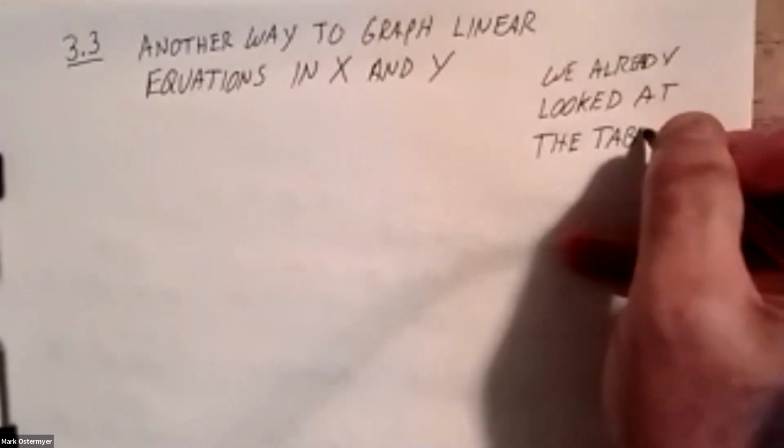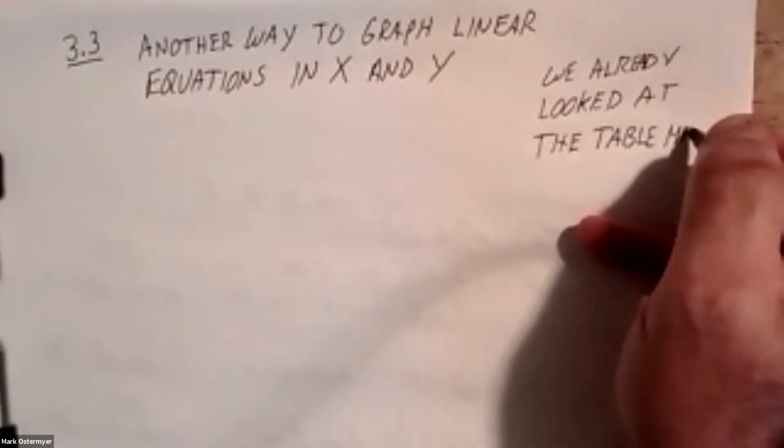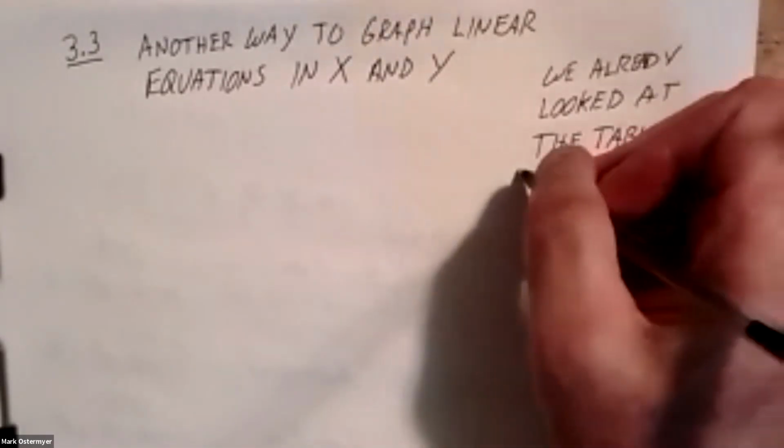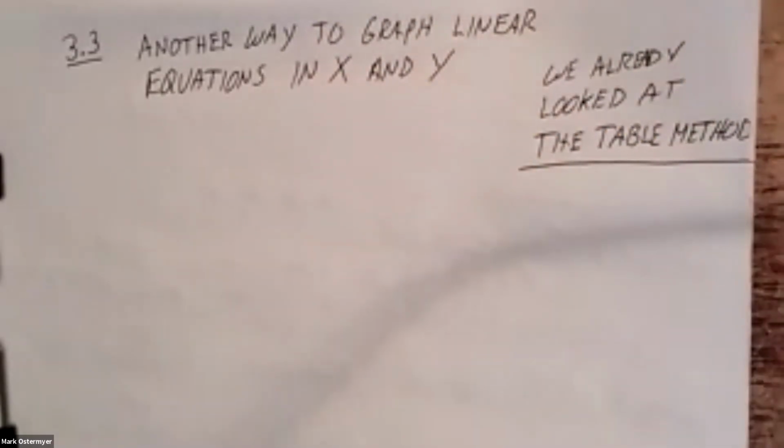Yes, we already looked at what's called the table method for graphing a linear equation. That's where we make a table and then we start choosing some values for X, correct? And then computing what Y is in order to generate ordered pair solutions to our equation. After which we then plotted them in the plane and put a line through them, okay? There is another way to graph a linear equation, and that's what we're going to look at in section 3.3.